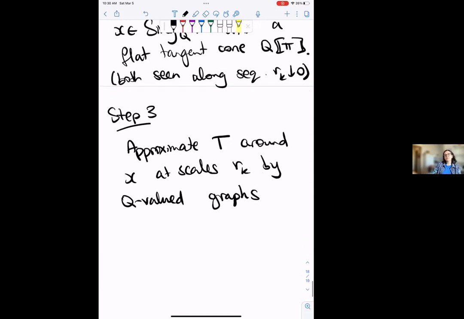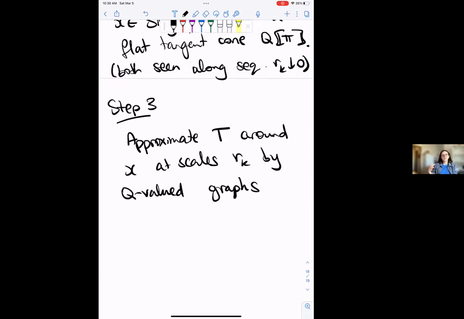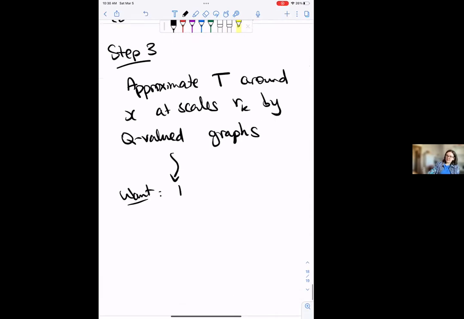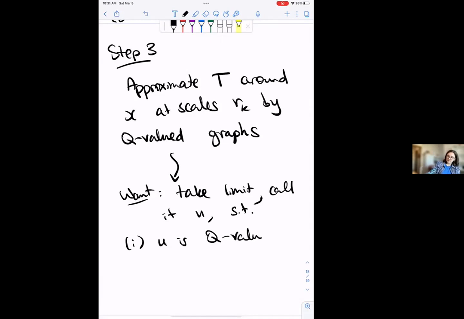And then the hope is we want to take an appropriate limit of these graphical approximations, call it U, such that first, U is a Q-valued minimizing harmonic map.